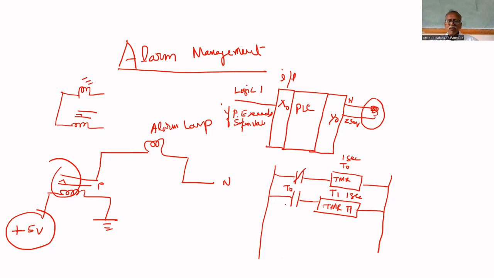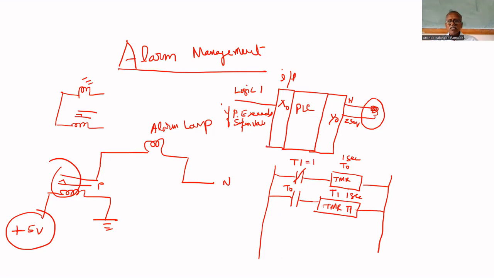This is normally open. Let us assume that initially both are off. The output of this timer is connected here. T1 is logic 1 because it is normally closed, because both timers are off. Initially both timers are off, therefore T1 is 1.